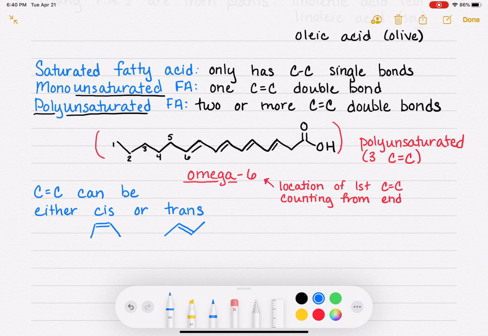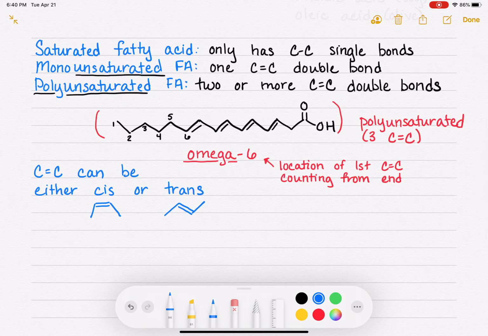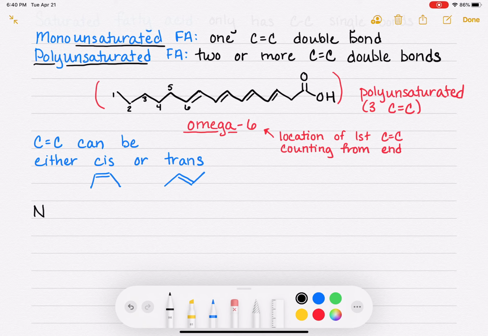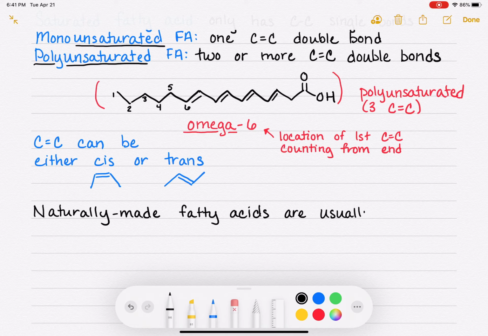So we're looking at the shape of the carbon chain across that double bond. We do know, just from observation, that naturally synthesized, so naturally made fatty acids are usually cis. That's just how Mother Nature prefers to make them.